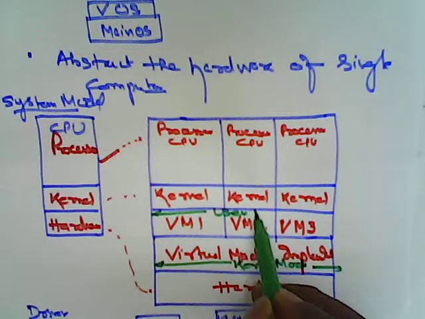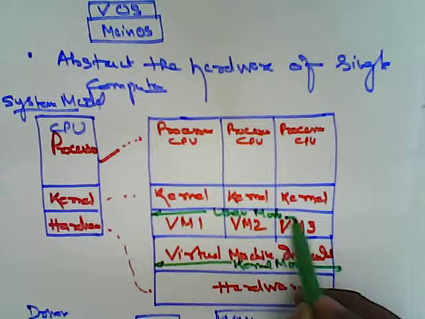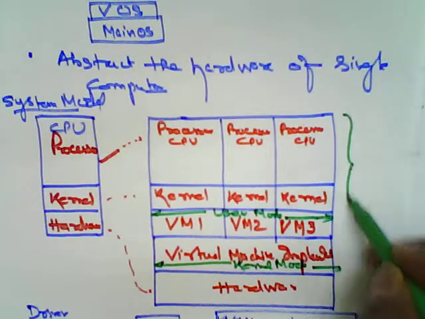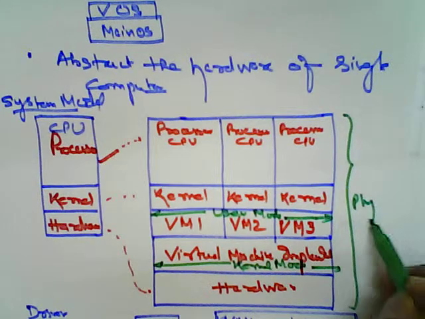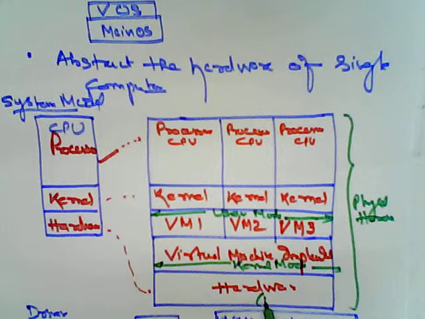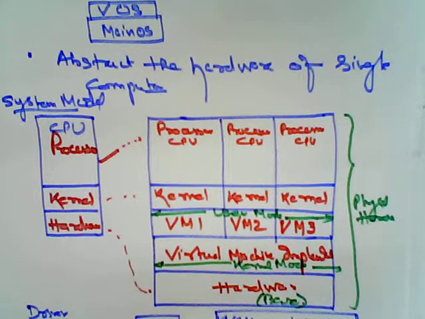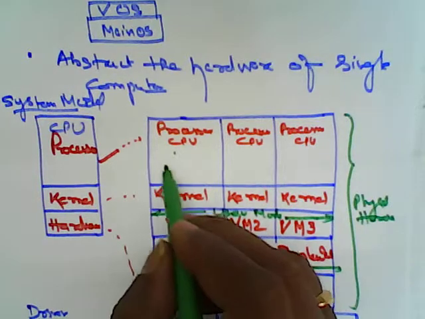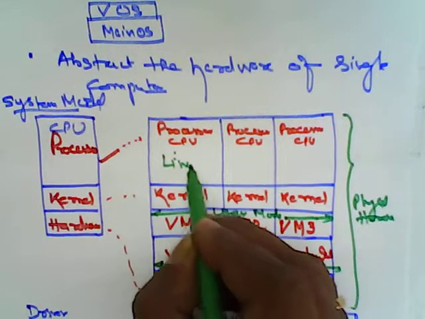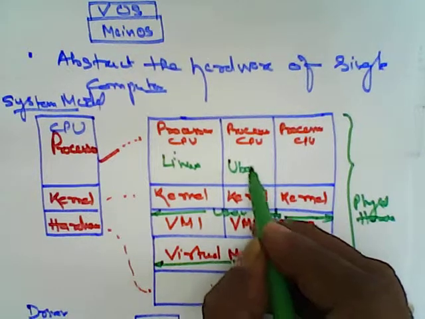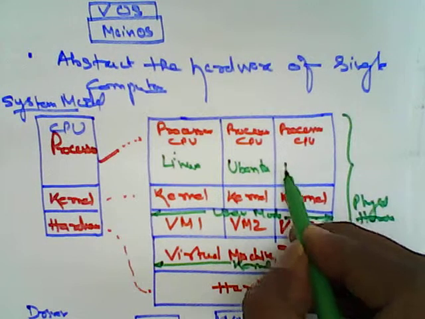So this is the physical hardware, and this hardware is the base. Here the processor is running, let us take Linux. Here we are running Ubuntu, and here we are running Fedora. So different operating systems are running.